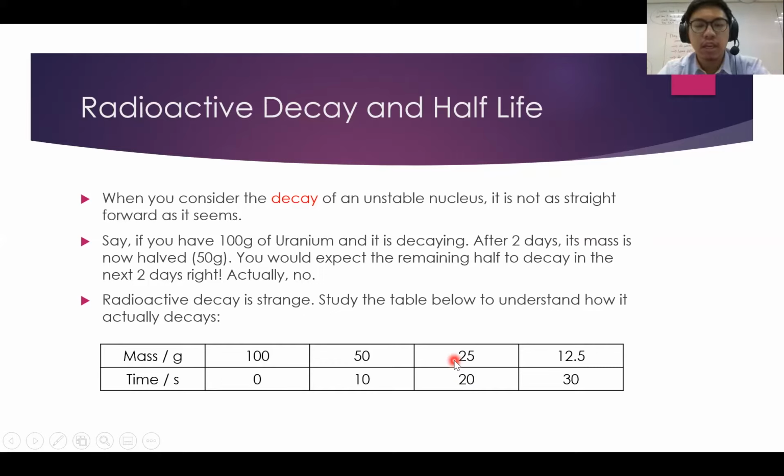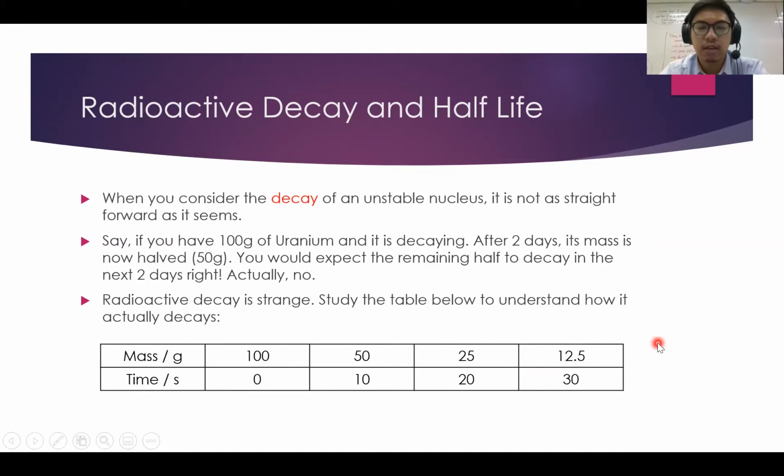But actually, it becomes 25, which is half of 50. If you wait for another 10 seconds, it becomes half of that again. So as you can see, for a specific time, the mass halves every time.